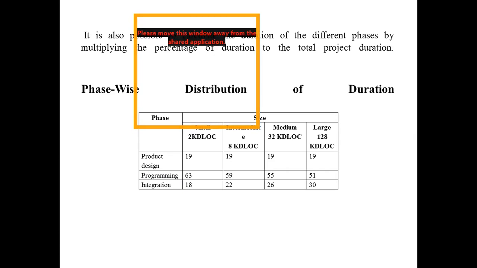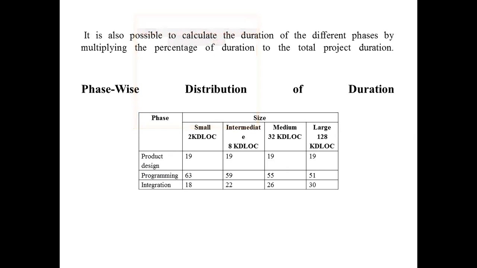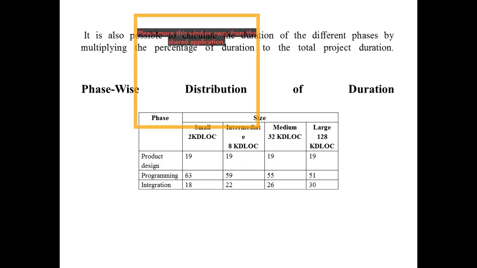In this case we calculate the percentage of each phase, so 19 into total duration divided by 100 gives the percentage, or phase wise distribution. If we do the summation of the phases, it will come approximately equal to the final duration we have already calculated.